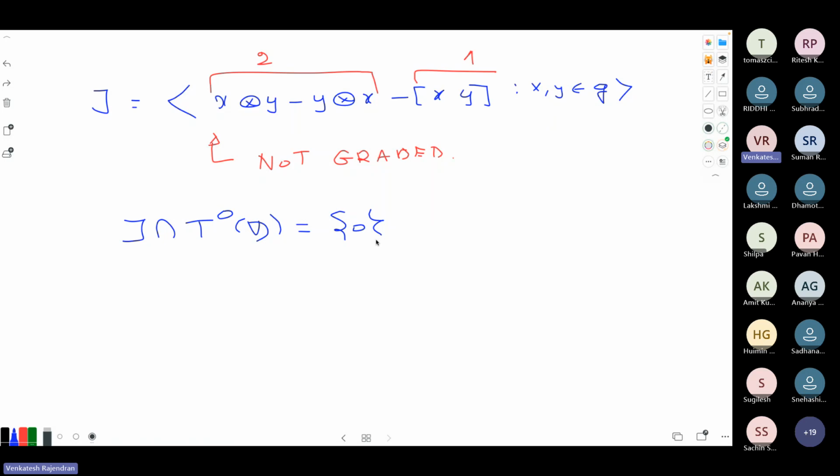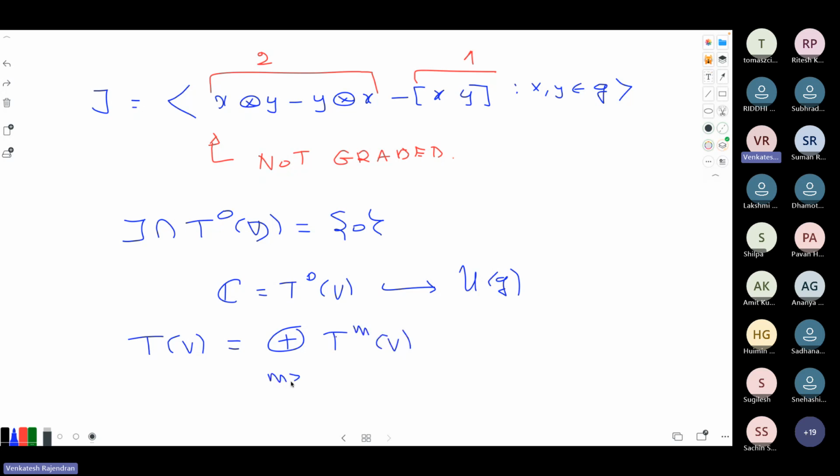That tells you that at least the scalars, which are identified with T0 of G, survive inside your UG. Now, there is this natural filtration on this tensor algebra. Recall the tensor algebra is indeed a graded algebra, given by Tm of G, m greater than or equal to 0.